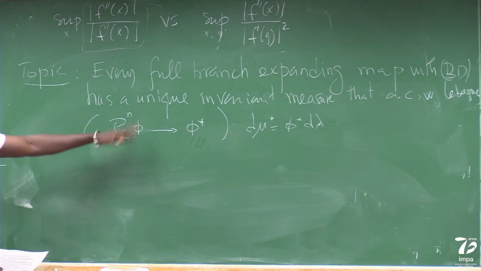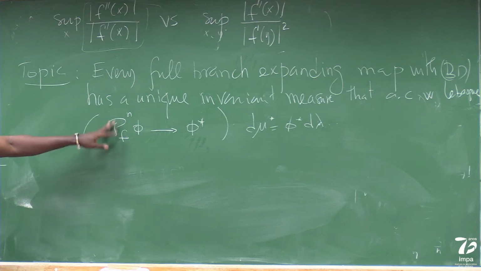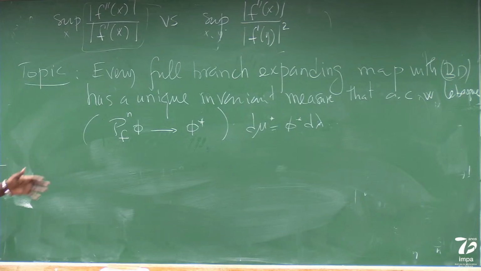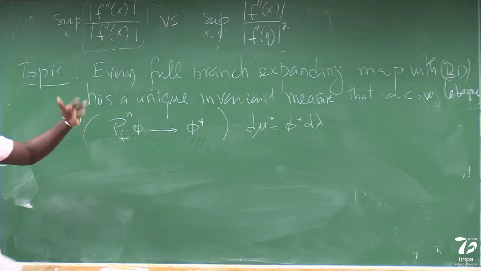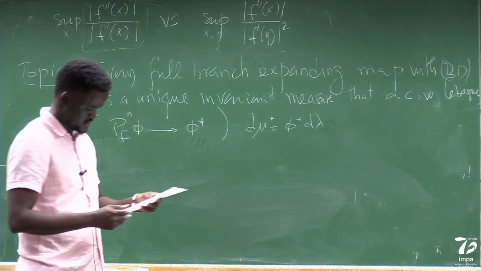This involves using some Banach spaces to prove that it is a contraction. And it is invariant and ergodic. Actually, this implies mixing; we will see later that this implies mixing.